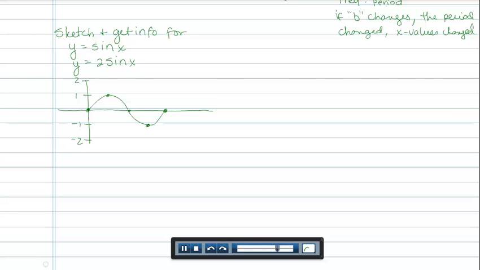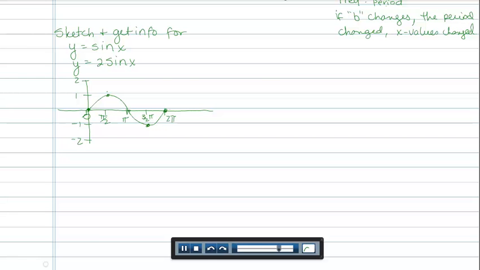We can call these points 0, pi halves, pi, 3 halves pi, and 2 pi. These are points for the sine curve. Now, we know the amplitude was 1, and we know the period was 2 pi.